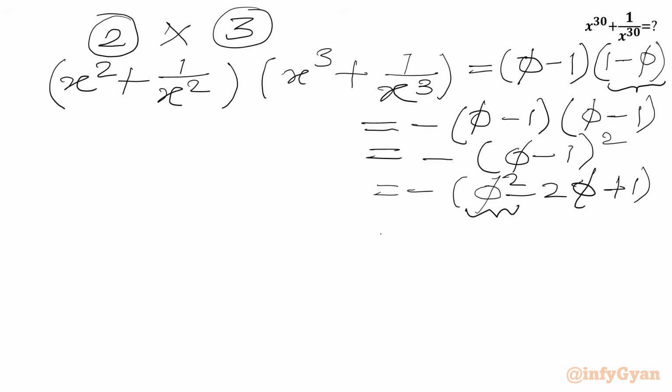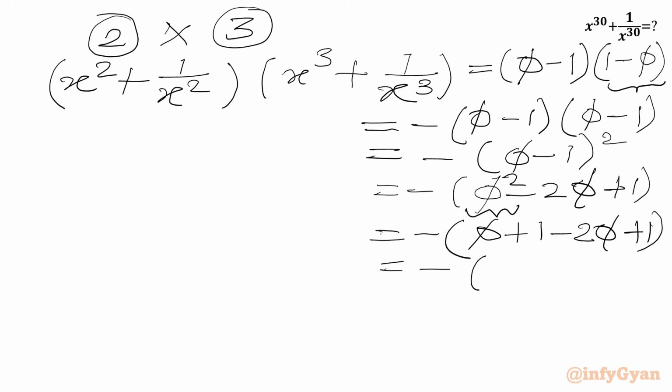Now from equation 1 we will write here √5 + 1. So I will write minus of (√5 + 1 − 2√5 + 1), which will give us minus of, in bracket, √5 − 2√5 is minus √5, plus 2. Or we'll write here √5 − 2.